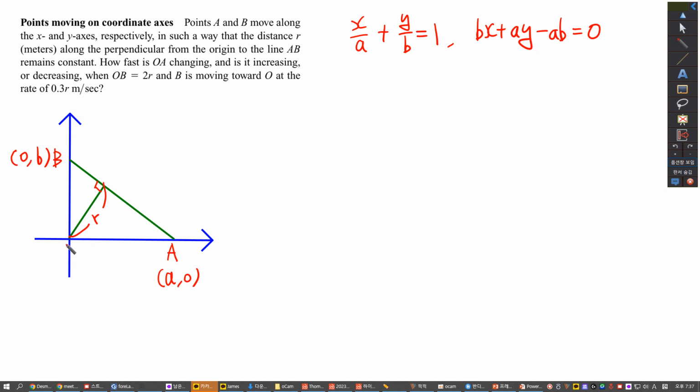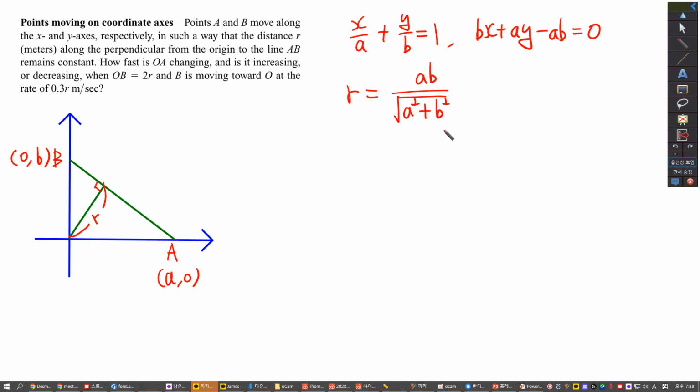And because the center, the origin, is (0, 0), in this case the distance r is, if we use the formula, this. This is the distance from the origin to this line.